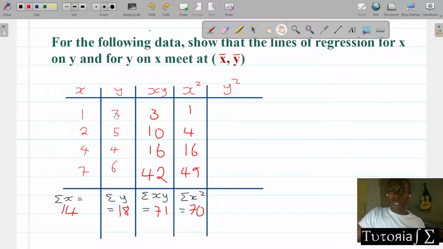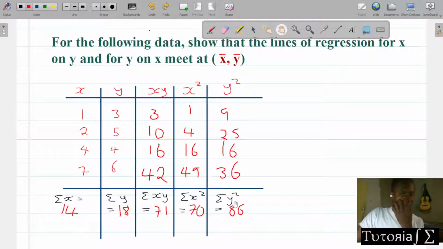For y squared, 3 squared gives us 9, 5 squared gives us 25, 4 squared gives us 16, 6 squared gives us 36. Adding everything up, we call this the summation of y squared, which is equal to 86. So this is all the information that we need, and we've set it out for ourselves.